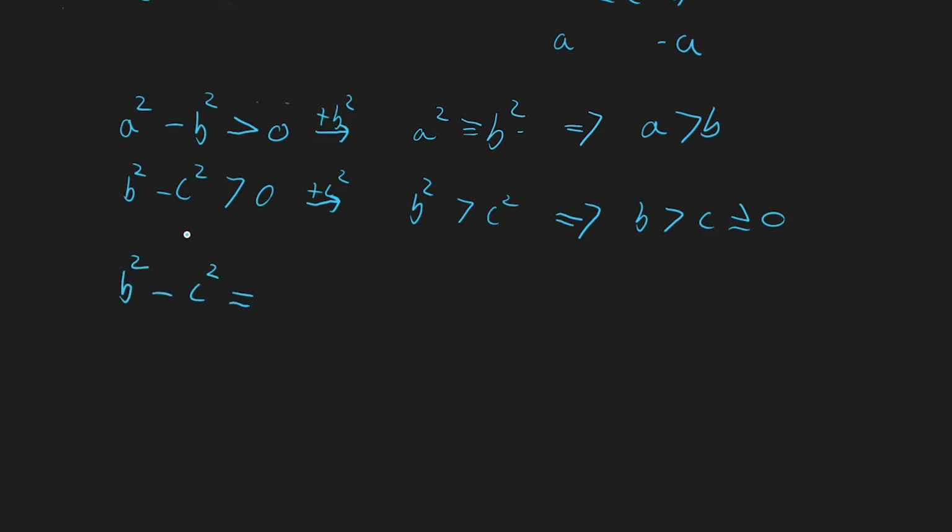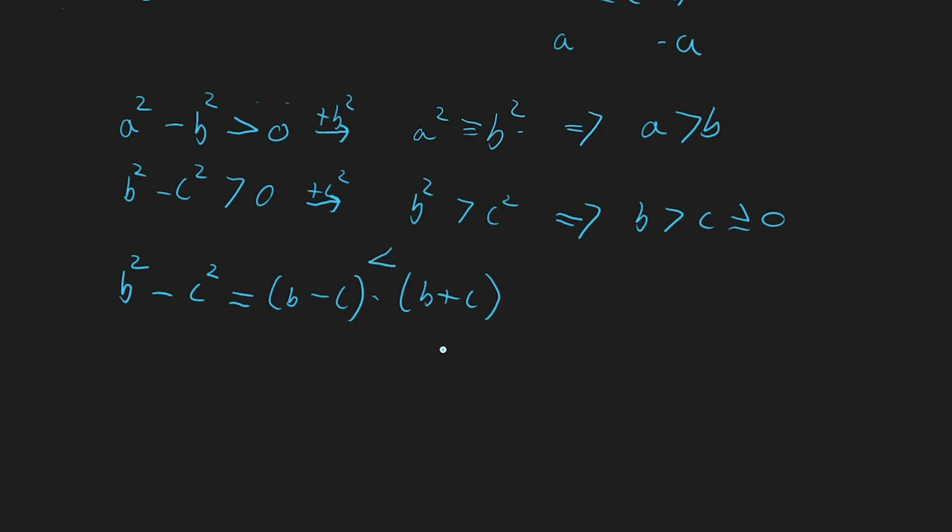Now, if we look at B squared minus C squared, we know that that can be written as B minus C multiplied by B plus C. So B is positive, and C is positive, and C is less than B. So we know this parenthesis is positive, but we also know that it's smaller than this parenthesis because both are positive numbers.